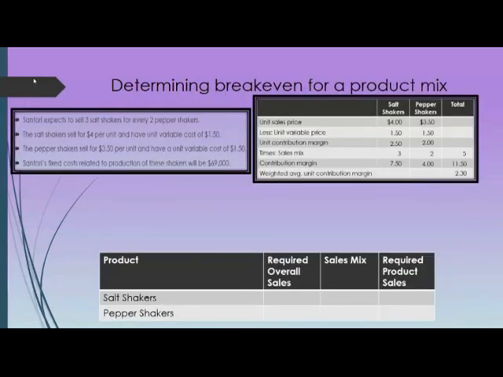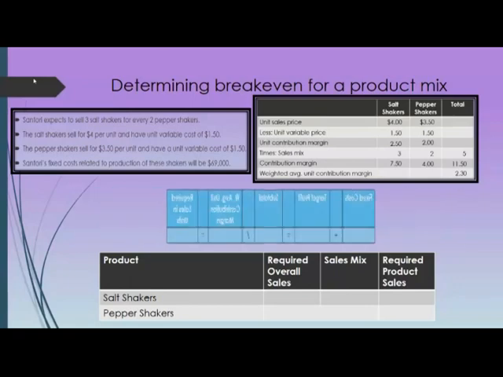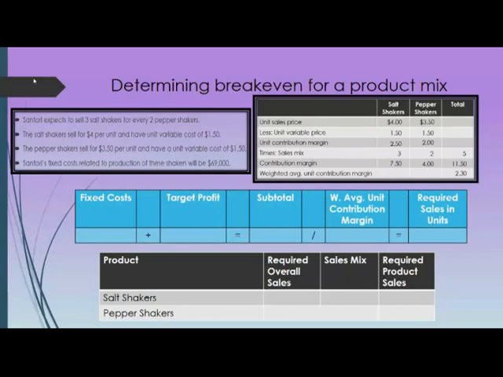First things first, let's determine our break-even for product mix. We have all of our information that was given in the question. We also have calculated what our weighted average unit contribution margin is. Well, now, if we go through and use this information, we can figure out our required sales in units, which in this case is going to be our break-even point units. Their fixed costs are expected to be $69,000. They're looking to break even, which means not make any money, not lose any money.